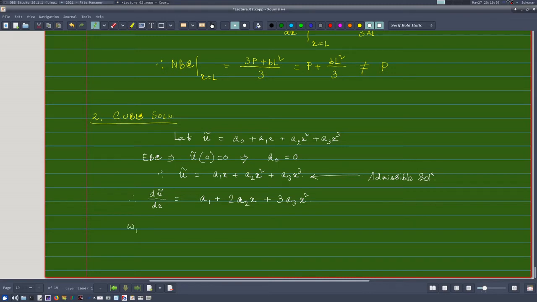So w1(x) is del u tilde del a1, which is x.